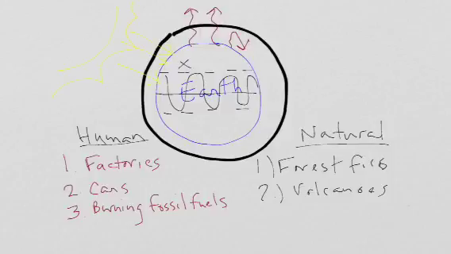We can also, naturally, cut down forests, especially tropical rainforests. So these are all different reasons that the greenhouse gases can get bigger and bigger in the atmosphere. I got a question.